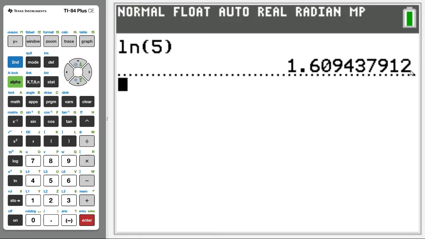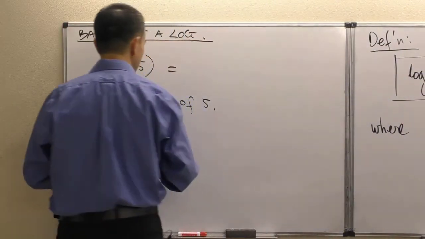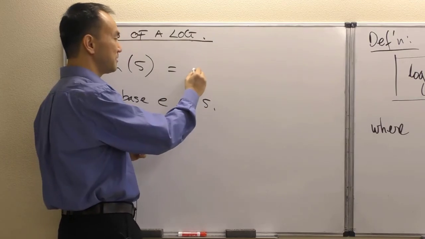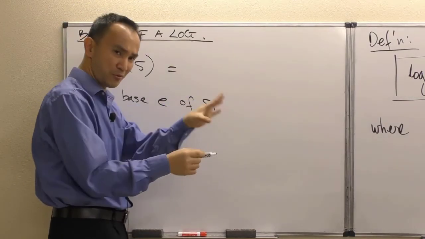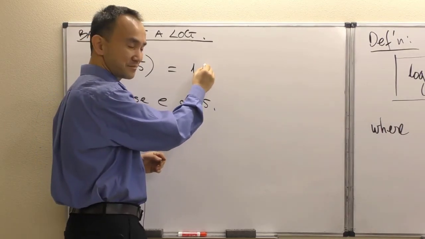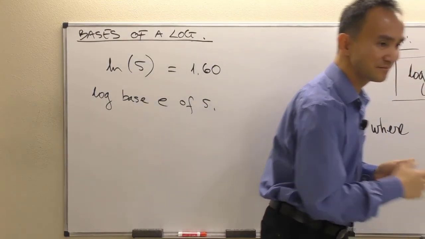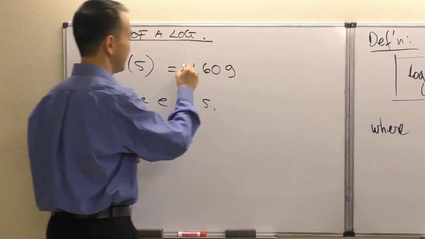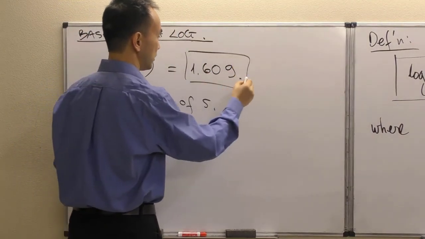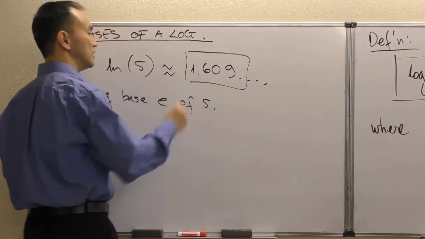Our calculator is just not able to show any longer value. So I shouldn't say equal; I should have said approximately equal.